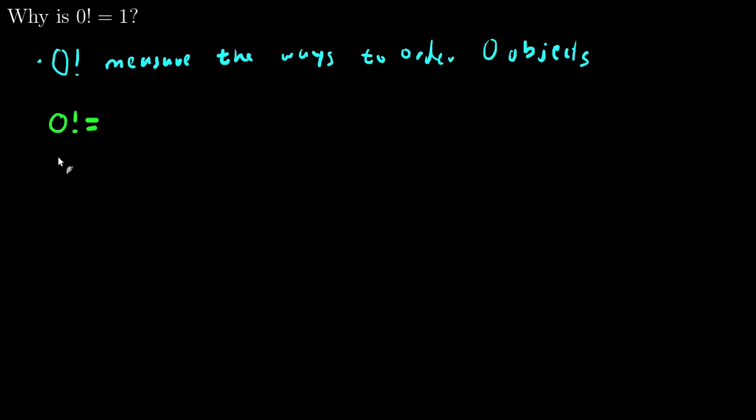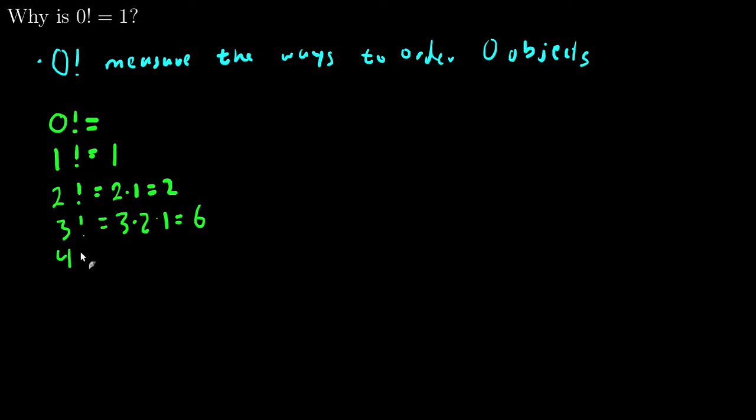Make sure it makes sense. 1 factorial is just 1, because the product of every number from 1 to 1 is just 1. 2 factorial is 2 times 1, which is 2. 3 factorial, 3 times 2 times 1, which is 6. 4 factorial is 4 times 3 times 2 times 1, which is 24.